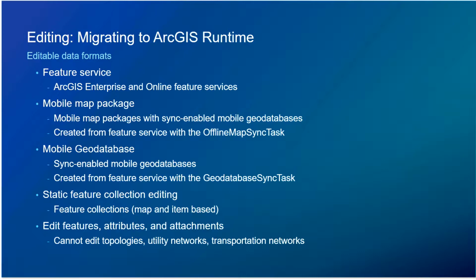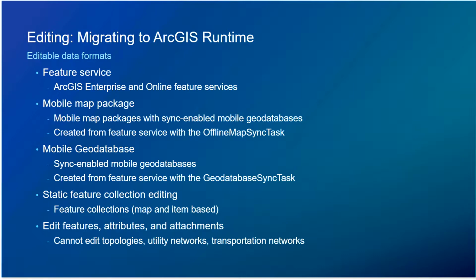There are finer grained API objects, such as a geodatabase sync task if you're working with individual geodatabases, but the offline map task is more of a convenience thing because it encapsulates many of those finer grained calls for taking both feature data but also base map data offline as packages.